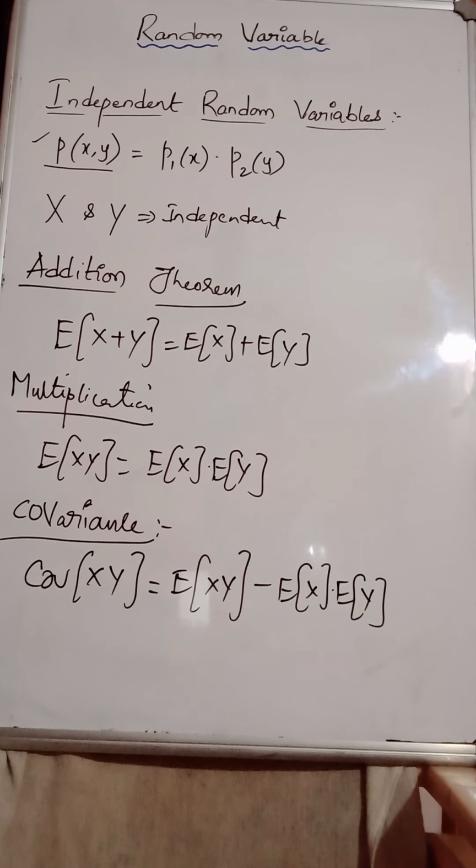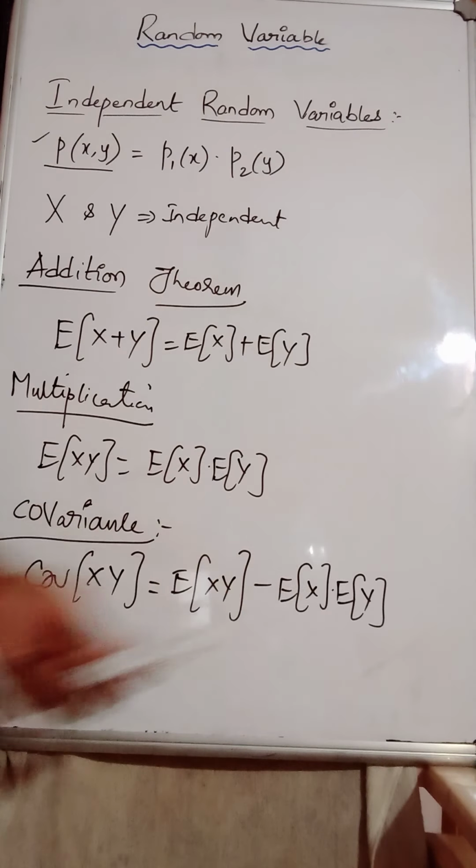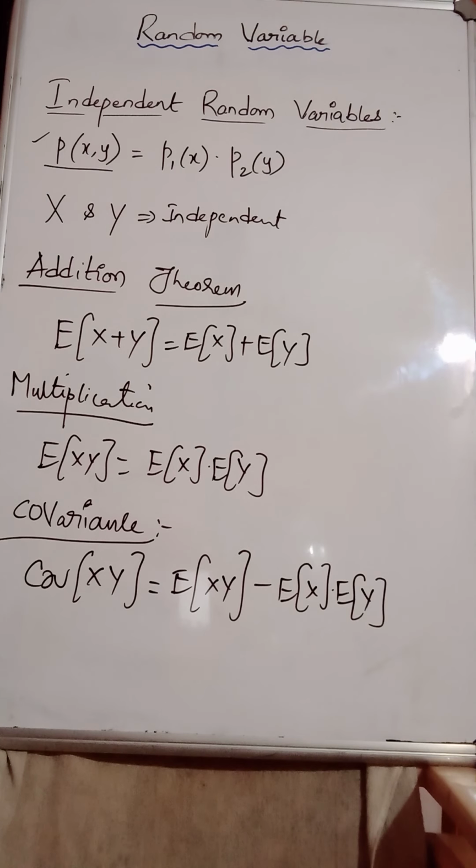Please remember all these formulas, guys. We have to apply them in the problems. So covariance of xy equals expectation of xy minus expectation of x into expectation of y.